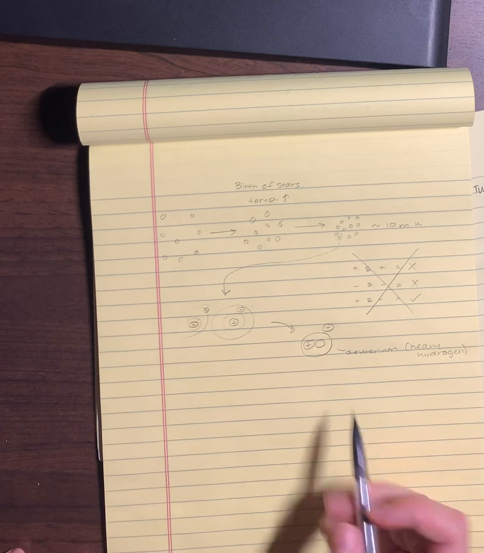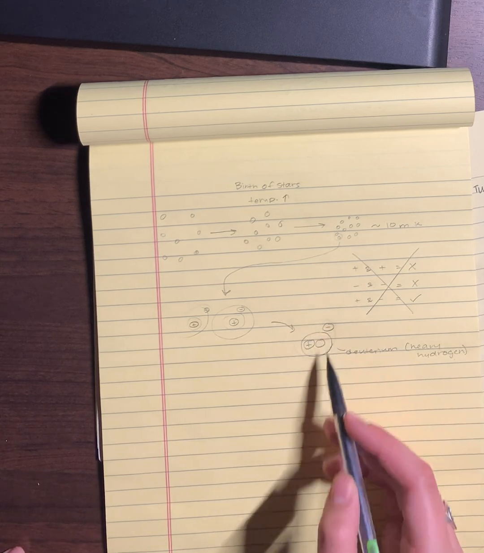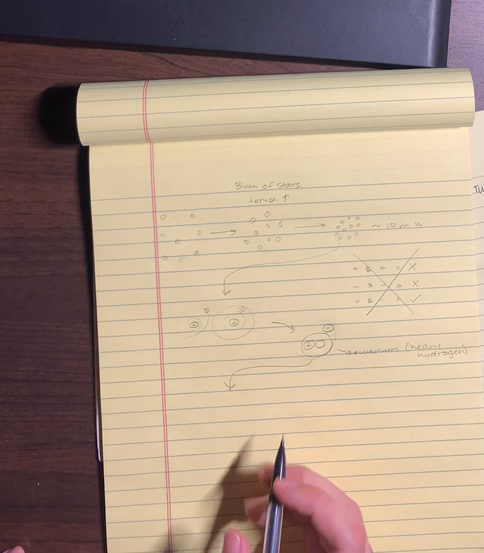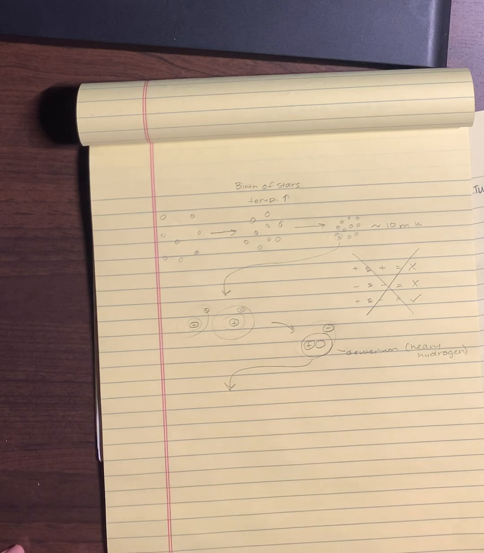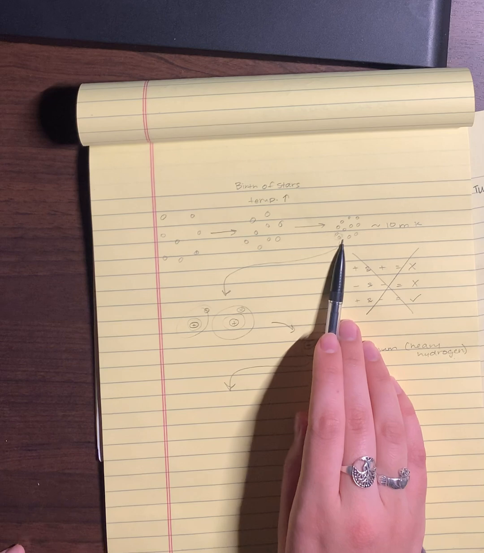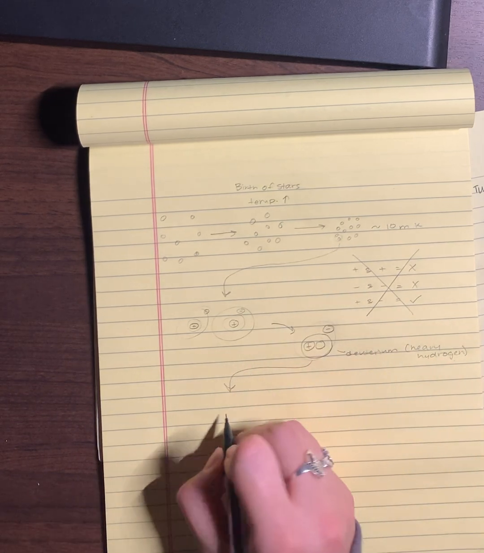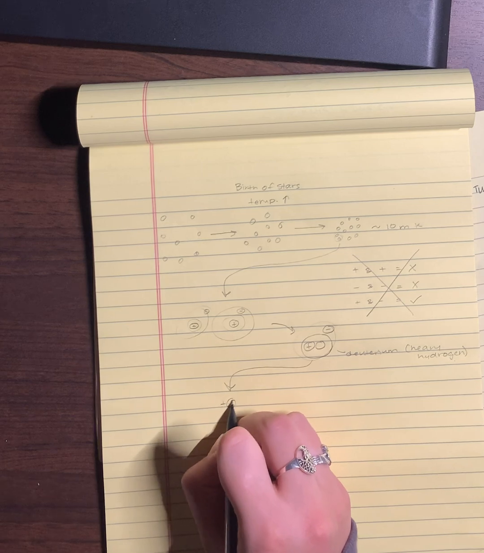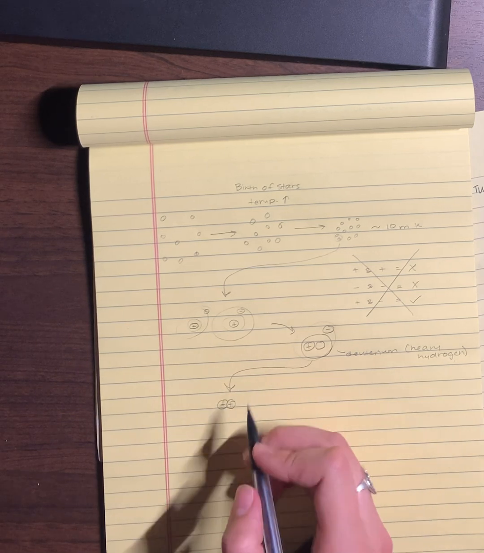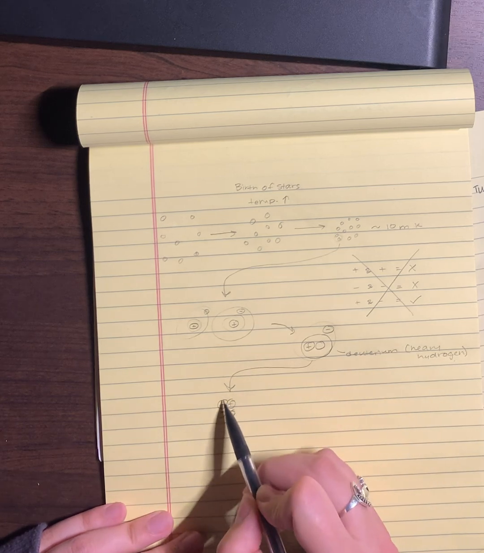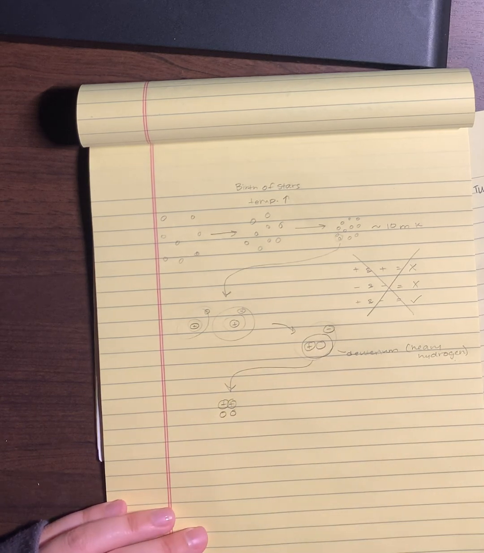And then eventually this ends up turning into helium with more energy and more fusion over here. It just ends up turning into this. So then you get two protons and two neutrons in the center instead of just this.